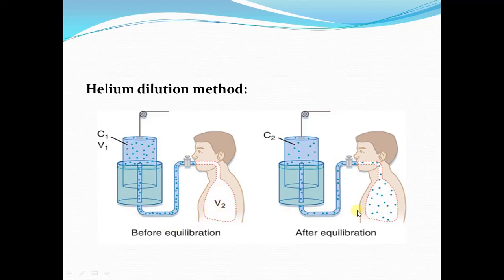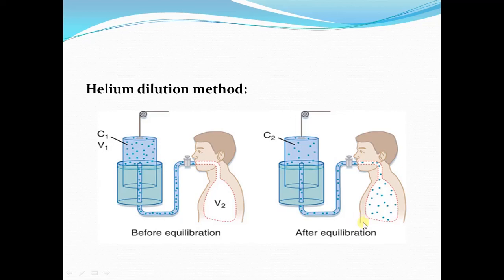So as a result, helium begins to be diluted. I am repeating, the person begins at the end of the tidal expiration. When a person begins to breathe through the spirometer, this helium will begin to mix up with the gases in the lungs.